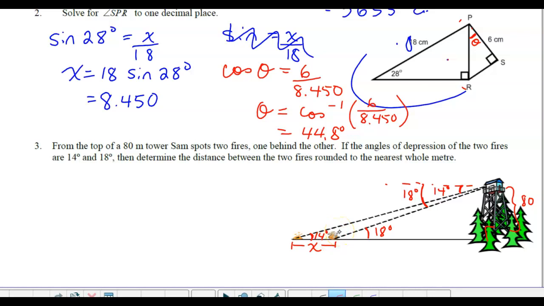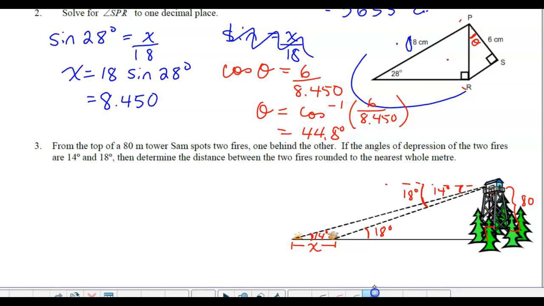Still, we can't just calculate X right away. X is part of what we call an obtuse triangle, that skinny triangle in there. We don't have a formula for that. In Math 20, you'll learn something that maybe you can use to help you, but right now, we have to use right triangles.